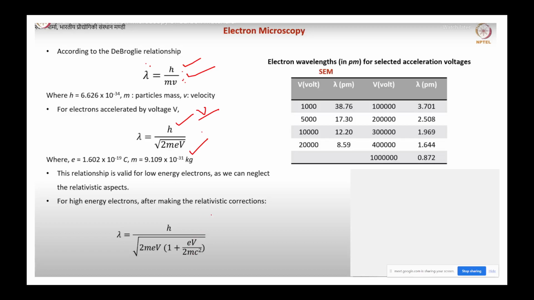So when you have a high energy electron, the formula of your lambda would be this.